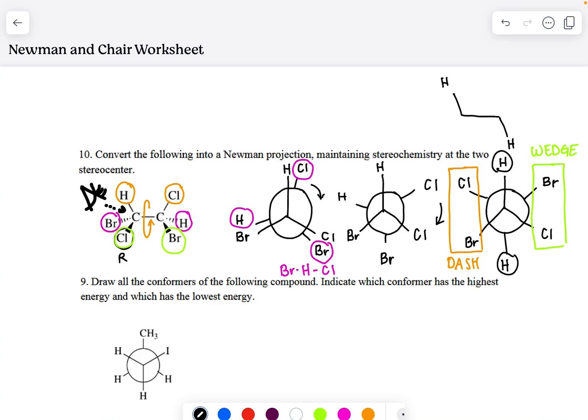So I have the chlorine as a wedge, just like it was in the first drawing. Chlorine as a wedge. I also have bromine as a wedge.